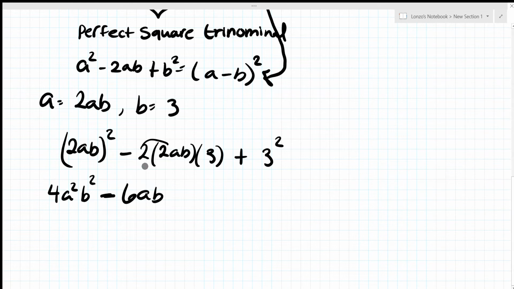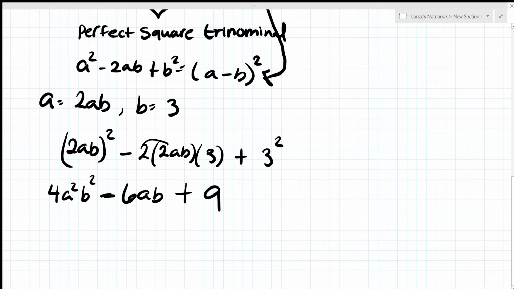Wait, did I make a mistake? No, I did not make a mistake. I was just looking at my paper. So you're left with 2 times 2, which is 4, times 3 is 12, negative 12ab. And 3 squared is 9.